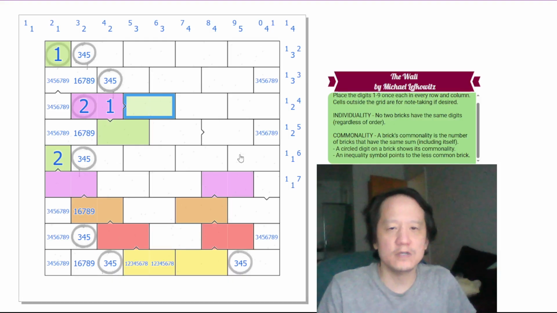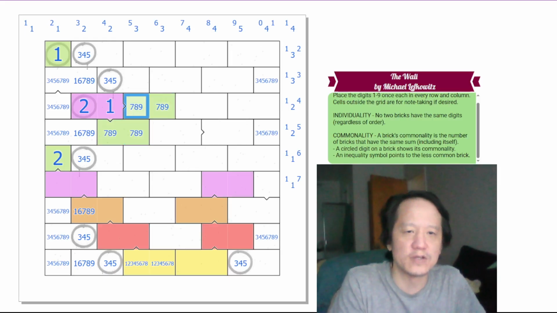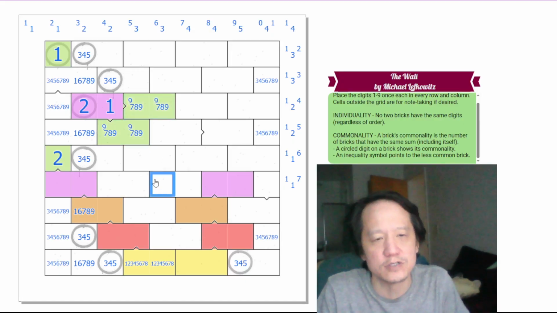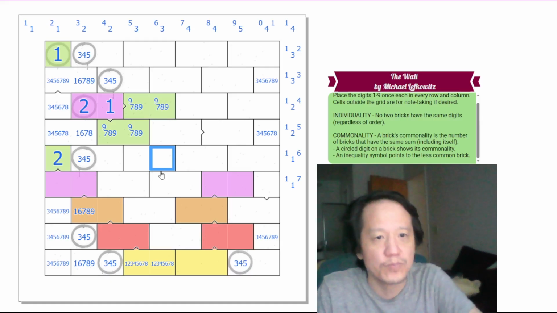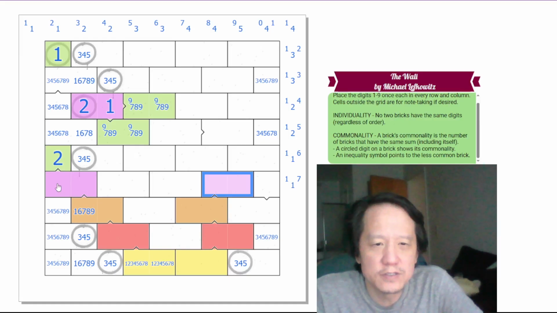So this is either 8, 9 or it's 7, 9, which means 9 has to be one of these 2 digits here and one of these 2 digits here, which means 9 cannot be here, 9 cannot be here, 9 cannot be here.